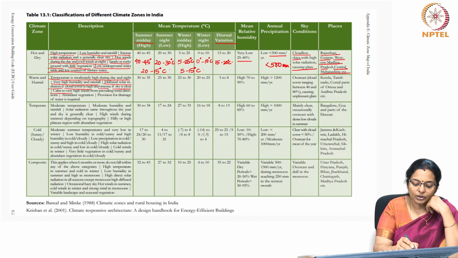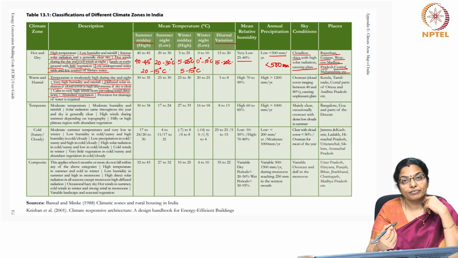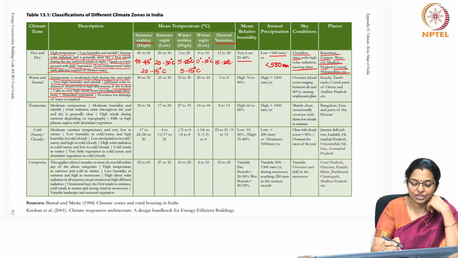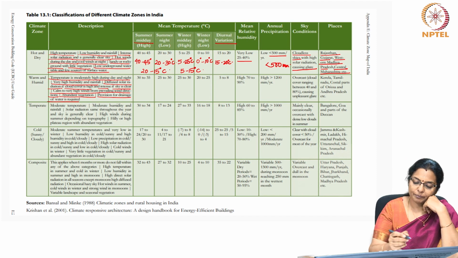There are calm to very high winds from prevailing wind directions. Vegetation is in abundance because it's very hot, precipitation is very good, with a lot of sunshine hours. Provision for drainage of water must be given essentially.